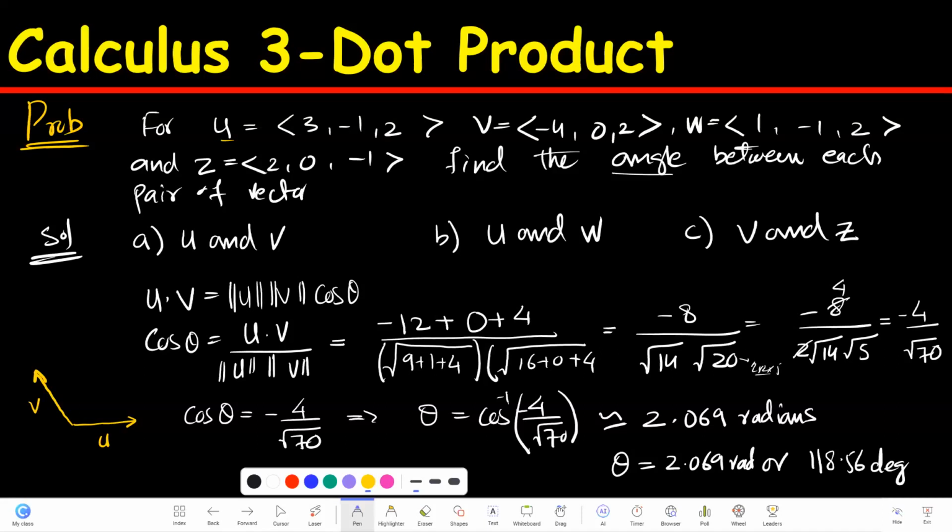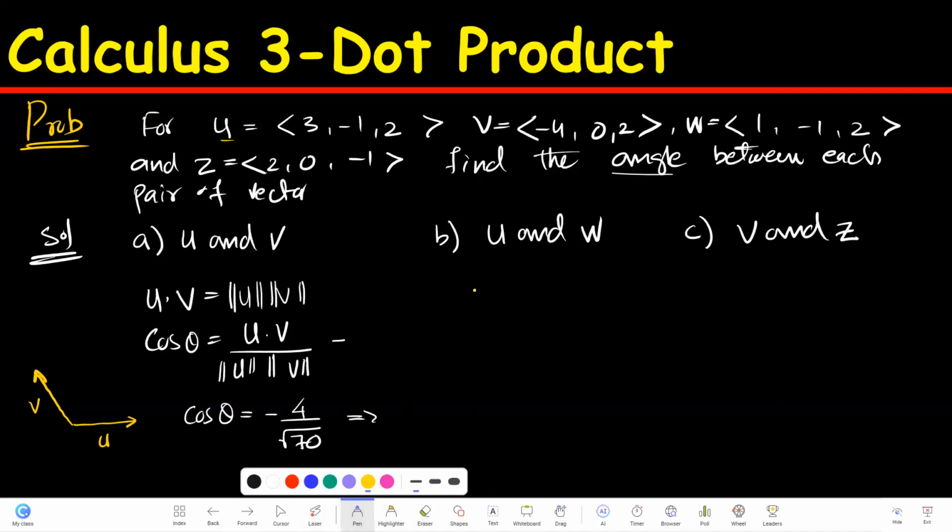Now, can you guys calculate this part and give me the answer? The part B, I'm doing it. Guys, just bear with me. So I'm going to say cos theta equals u dot w over the magnitudes. So this one is 3 plus 1 plus 4.